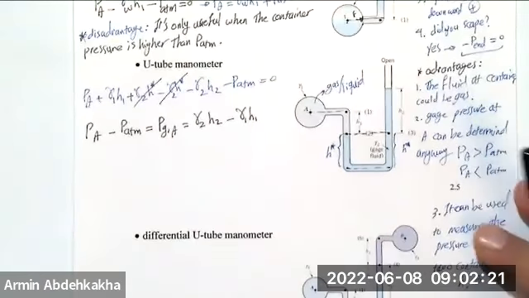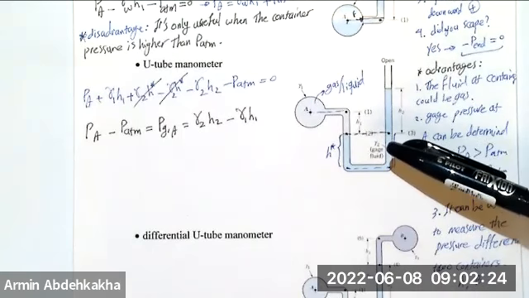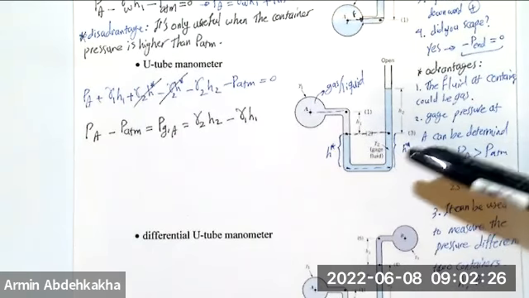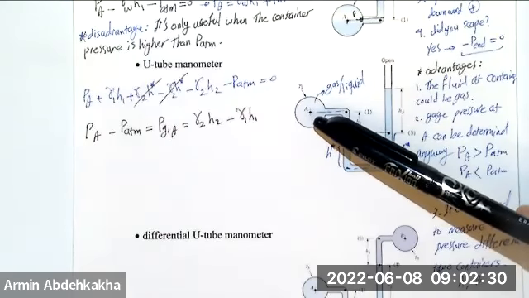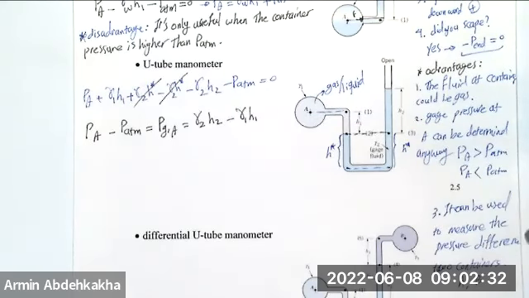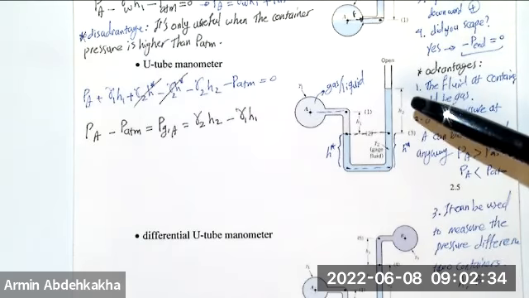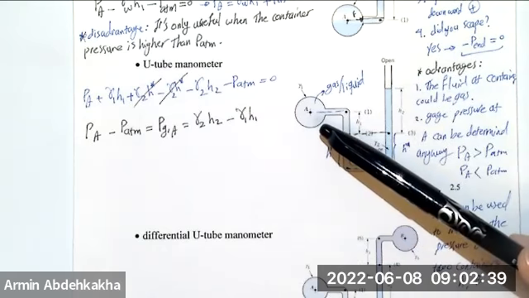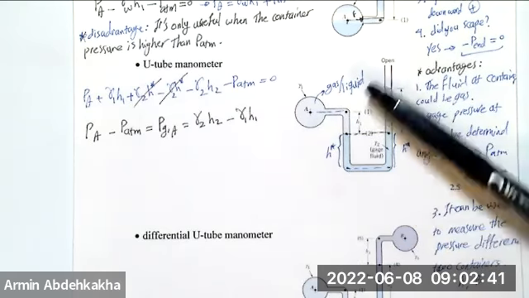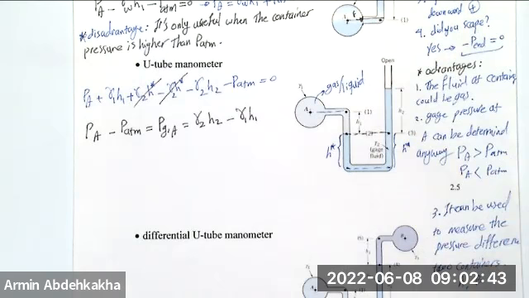Then we talk about the advantages of the U-tube manometer, how we can calculate the pressure of a gas container, and it's helpful to find the pressure of this container even if it's lower than the atmospheric pressure.